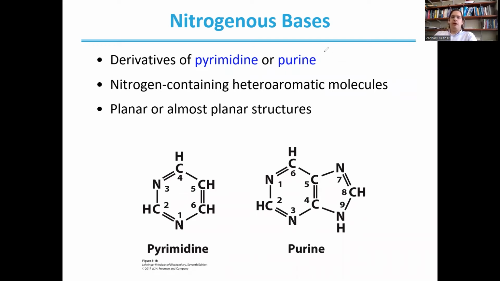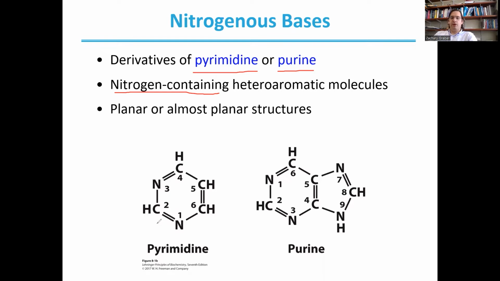Now, as I mentioned, they will either have that pyrimidine 6-membered ring structure, or we'll have our purine double ring structure with our 5-membered ring that's fused to our 6-membered ring. Each of our rings, of course, contain nitrogen, so these are our nitrogen-containing heteroaromatic rings.